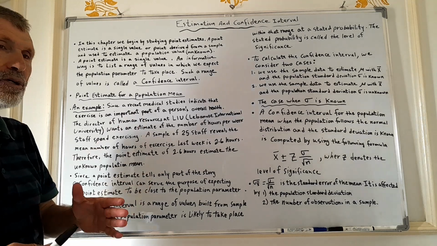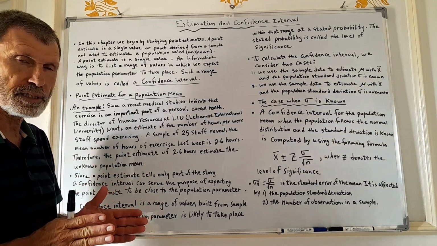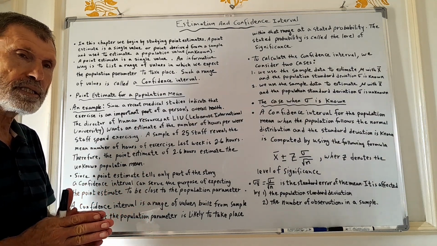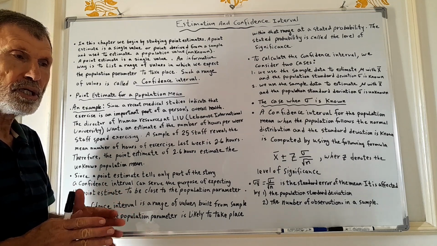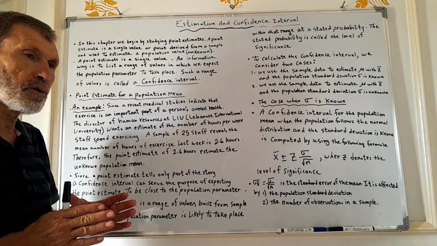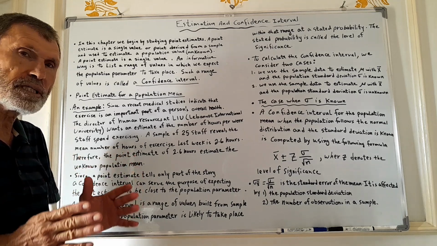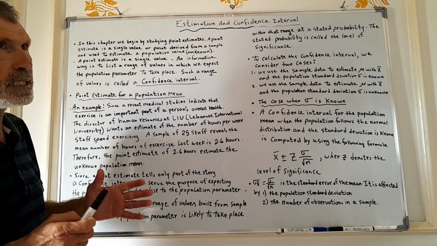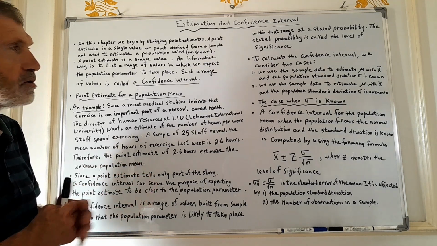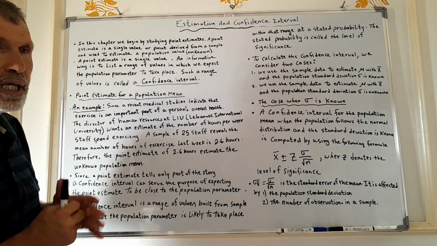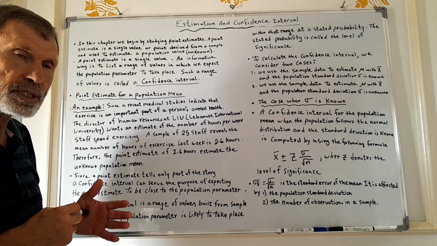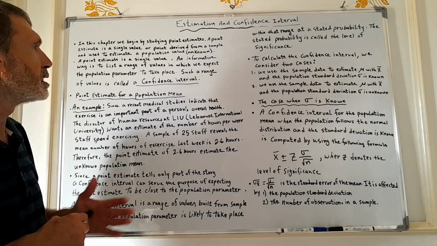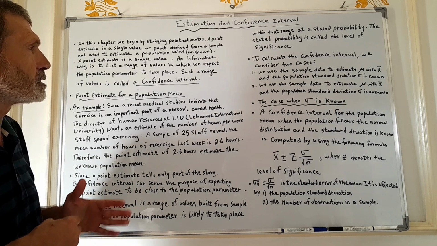Instead of just finding a point estimate to estimate the population parameter, a better, more informative approach is to list a range of values in which we expect the population parameter to fall.